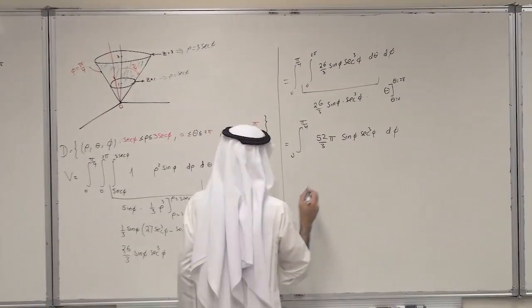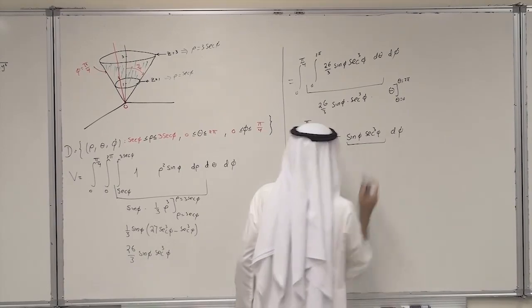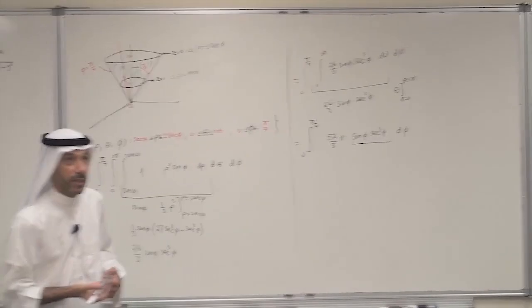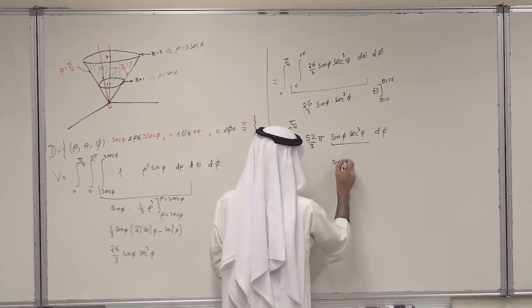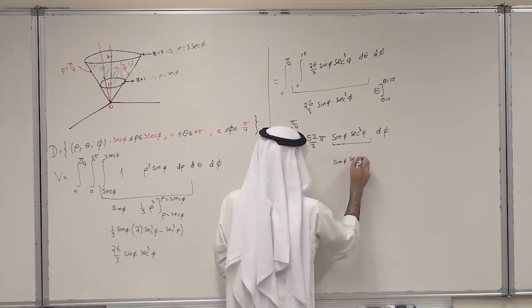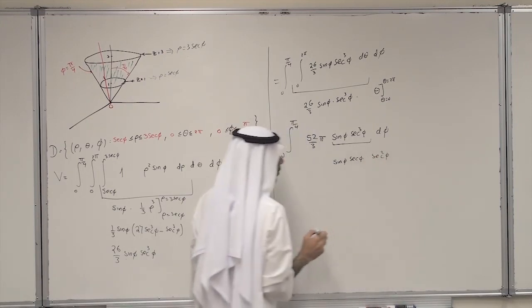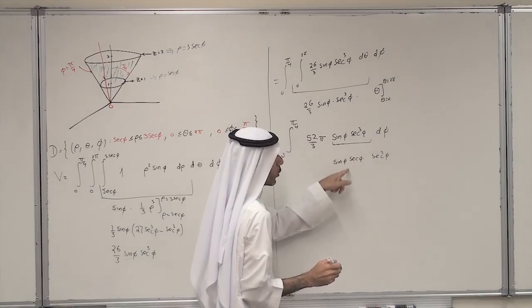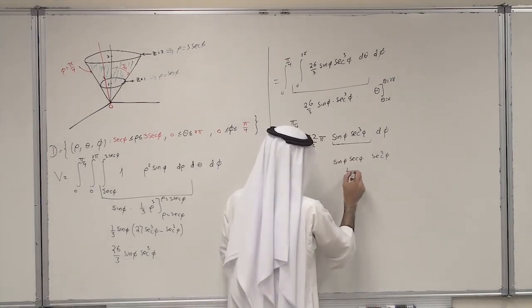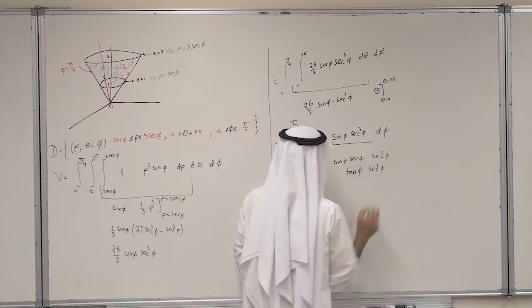This is a constant, so we need to integrate this one. To integrate this we take one secant, so this is sin phi secant phi times secant squared phi. Well, secant is 1 over cosine, sine over cosine is tan, so this is just tan phi secant squared phi.